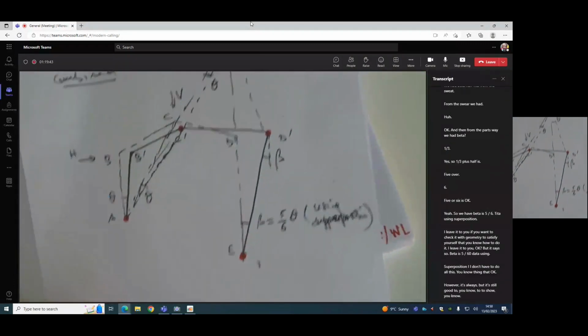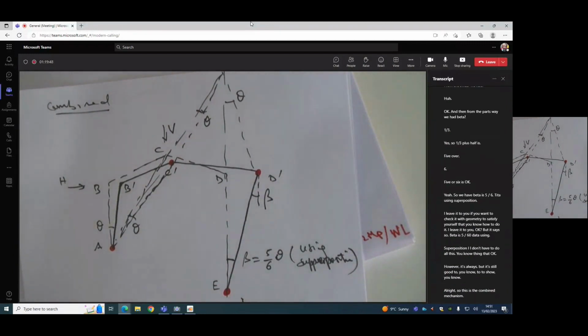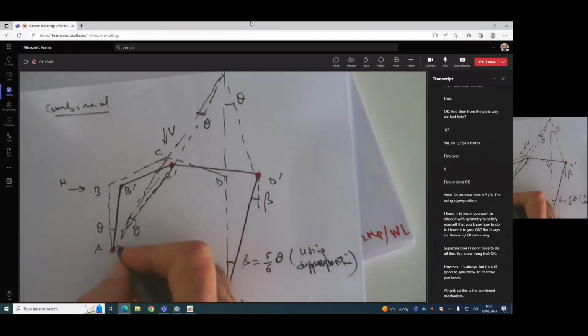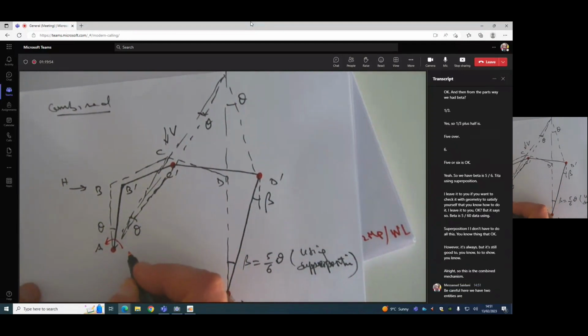All right, so this is the combined mechanism. Be careful here, we have 2 MP theta. Be very, very careful.